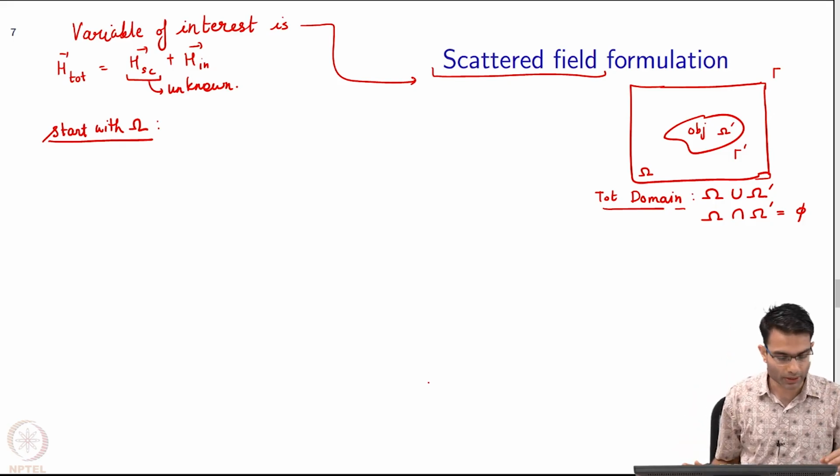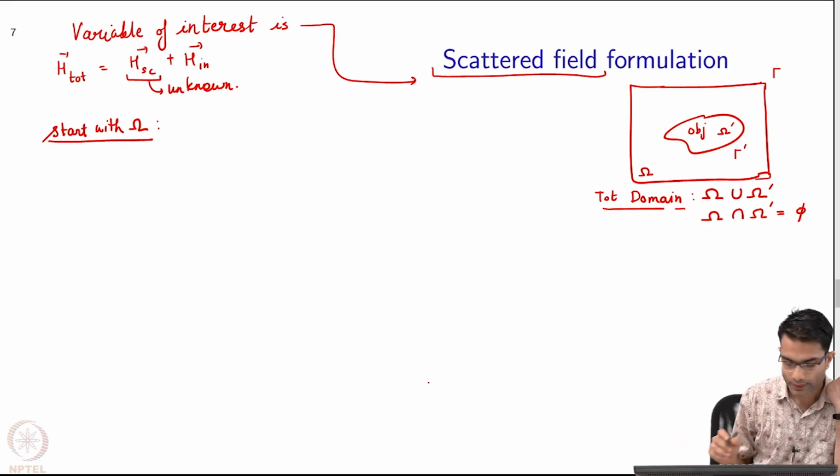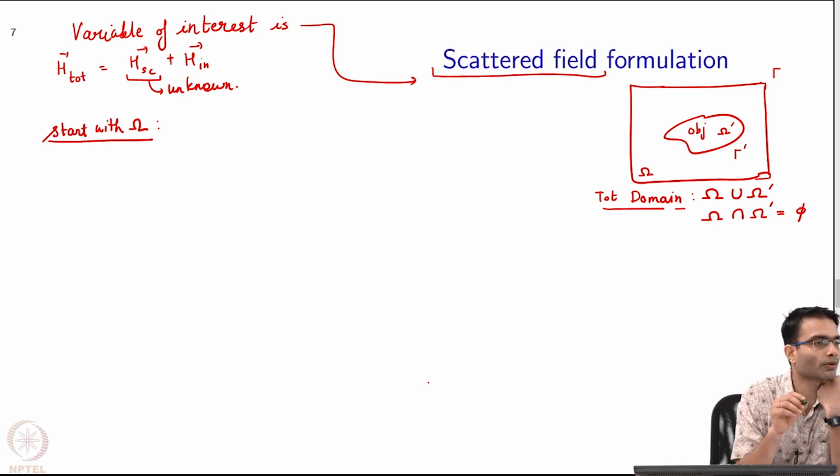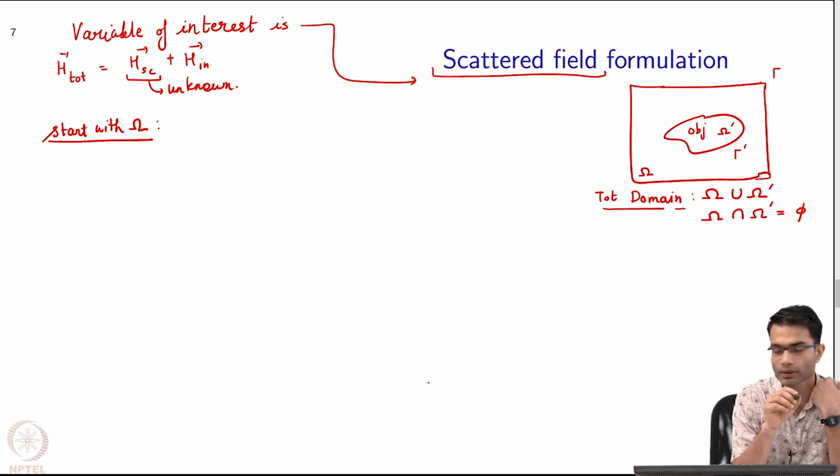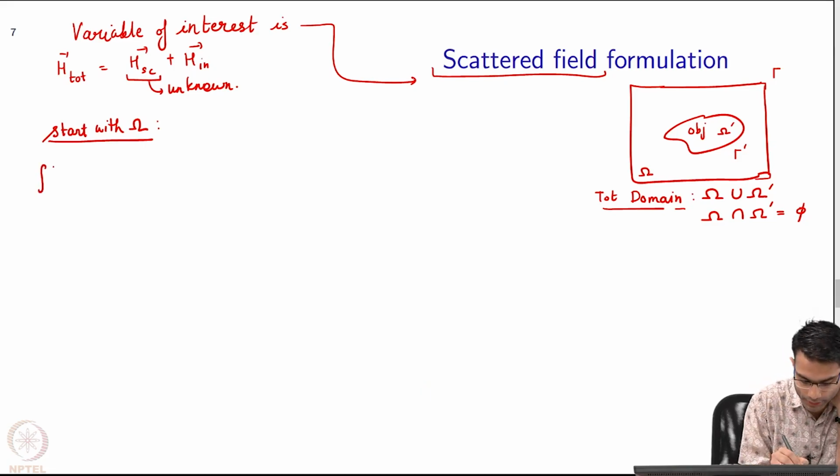If I start with omega, the left hand side will be the same as before, that is the integral over omega. So, what does that look like? There is a double integral over omega.